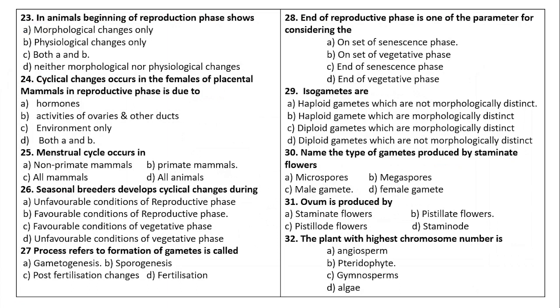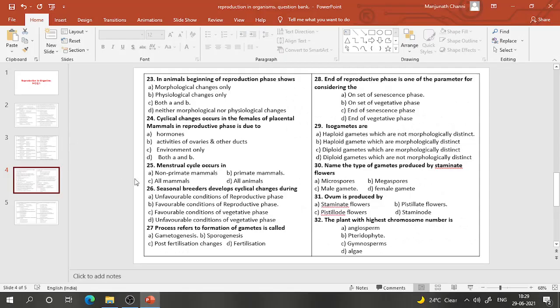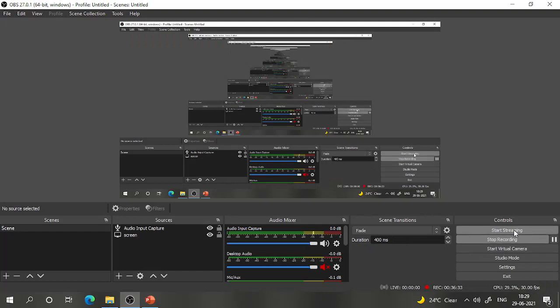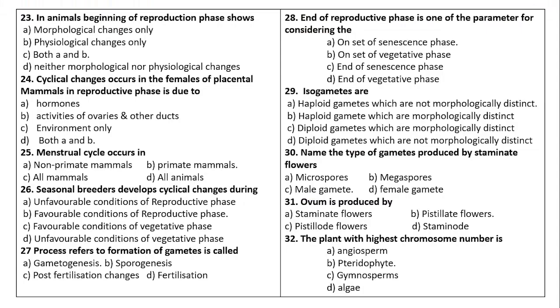Coming to the next question. The cyclical changes that occur in the females of placental mammals in the reproductive phase are due to: option A, hormones.